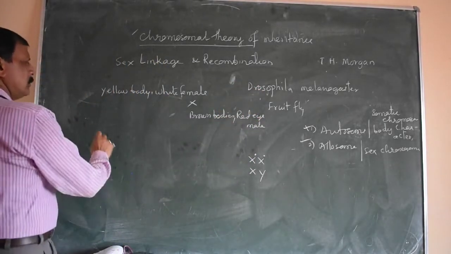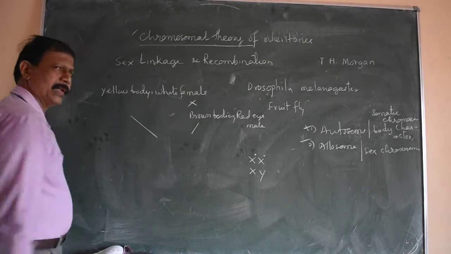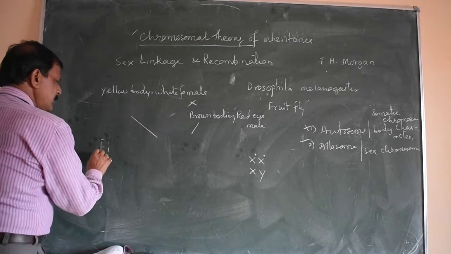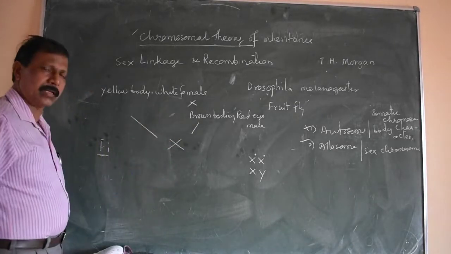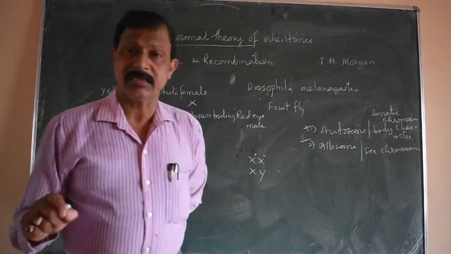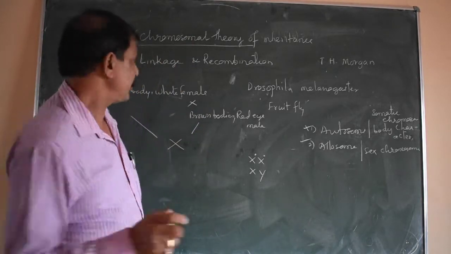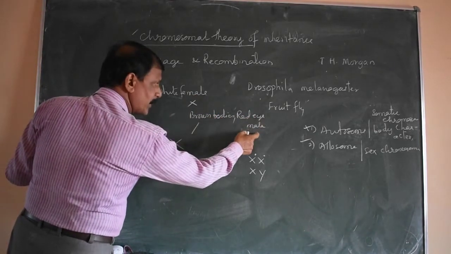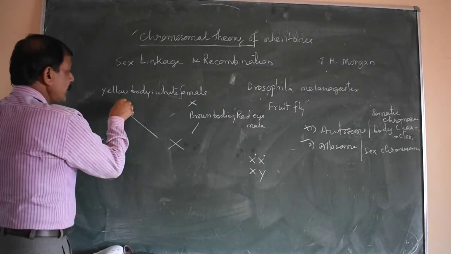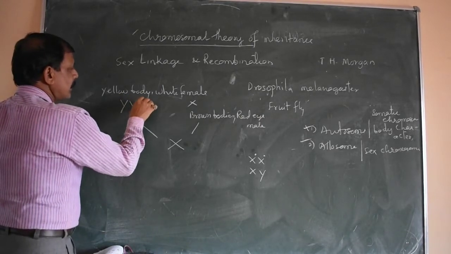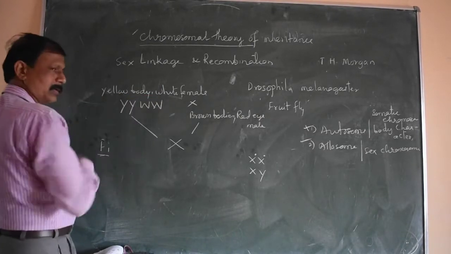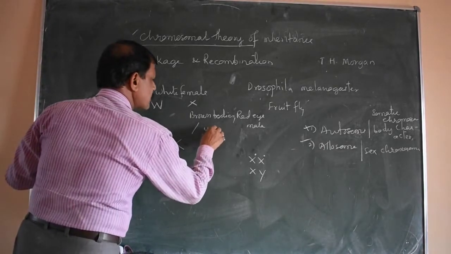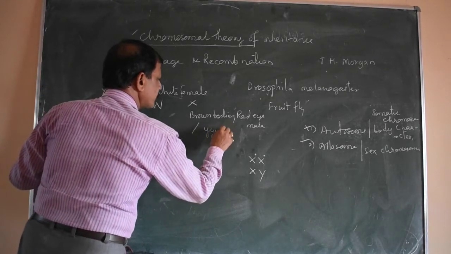He got the resulting F1 generation, and when this F1 generation was crossed with one another, he did not get the expected result. So two characters are there: yellow body, capital Y, and W. I am just giving the alleles. Similarly here small y, and W.